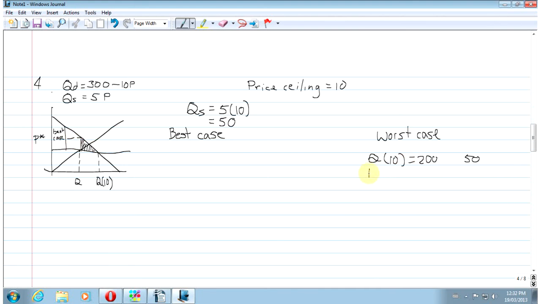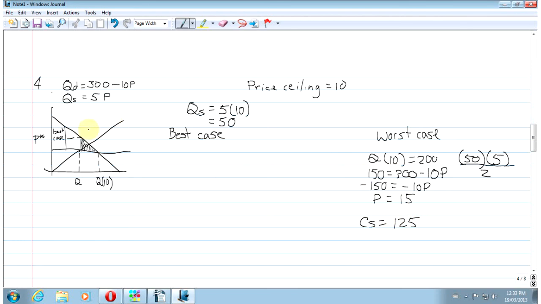So if I plug in Q equals 150, you can see that this is going to work out kind of nicely. And it's going to be a price of 15. Okay, so the base of the triangle is 50. The height of the triangle is 5, right? That 15 minus 10. And we're going to divide it by 2. So our worst case CS, consumer surplus, is 125.